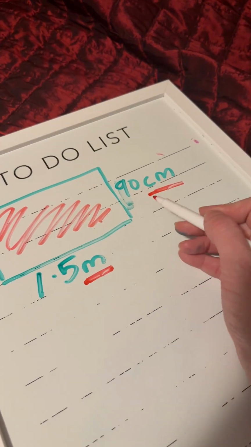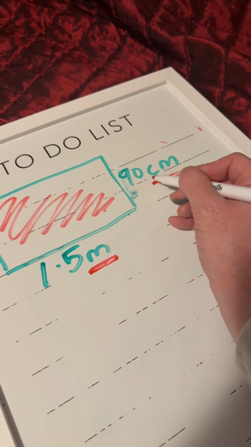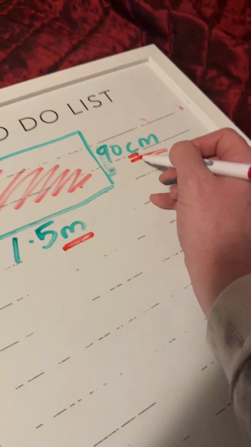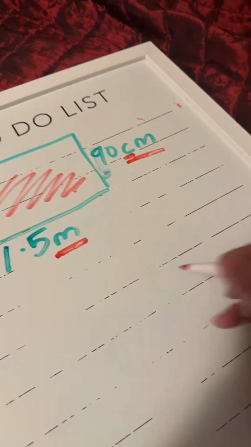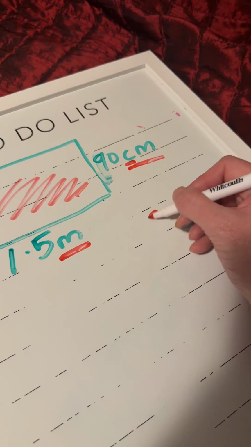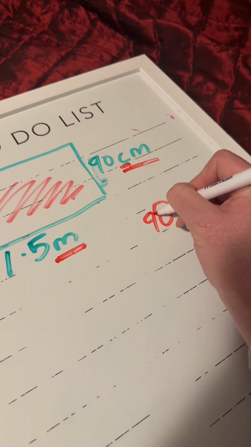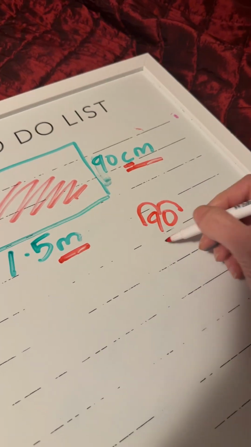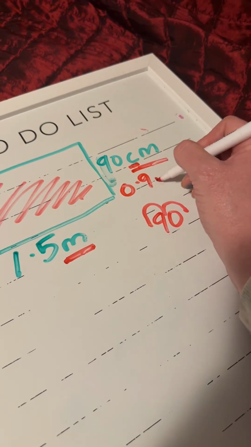So if we're converting our centimeters to meters, we'd remember that centi is 100. So we know there's 100 centimeters in a meter. So we would go 90. We have our decimal point 10, 100. So we would know that 90 centimeters is equal to 0.9 meters.